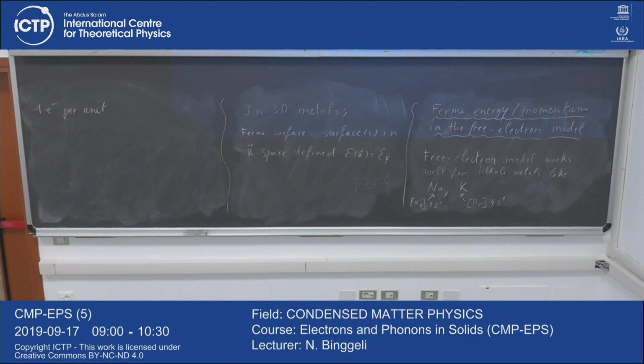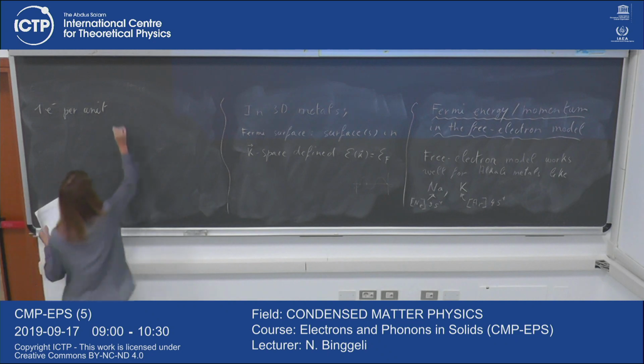I mentioned core electrons typically have ionization energy of the order of 50 eV or more. Instead, these are typically of the order of a few eV. So, okay, one electron per unit cell.